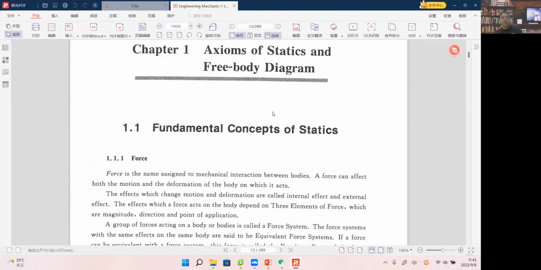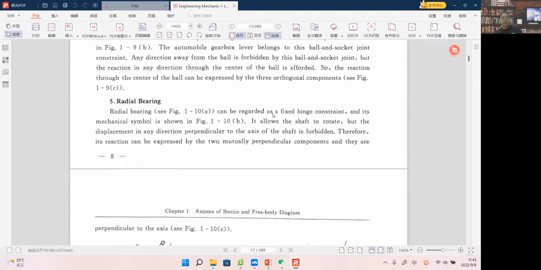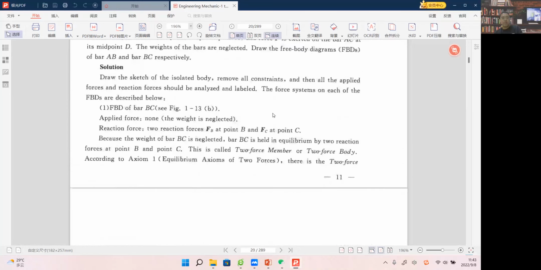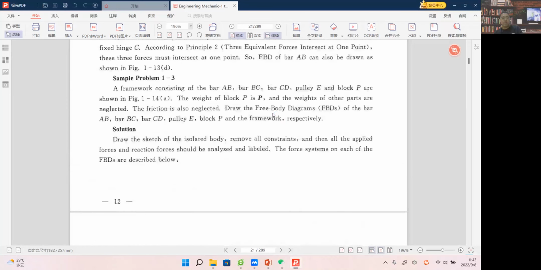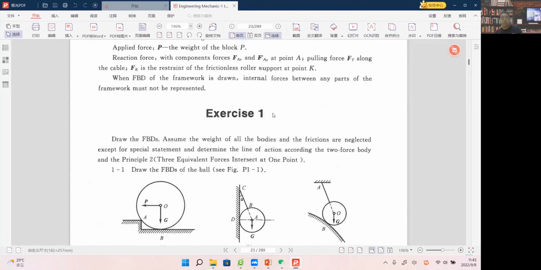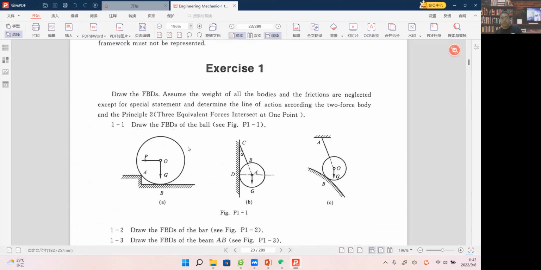See, chapter 1, and we will find our homework from here.